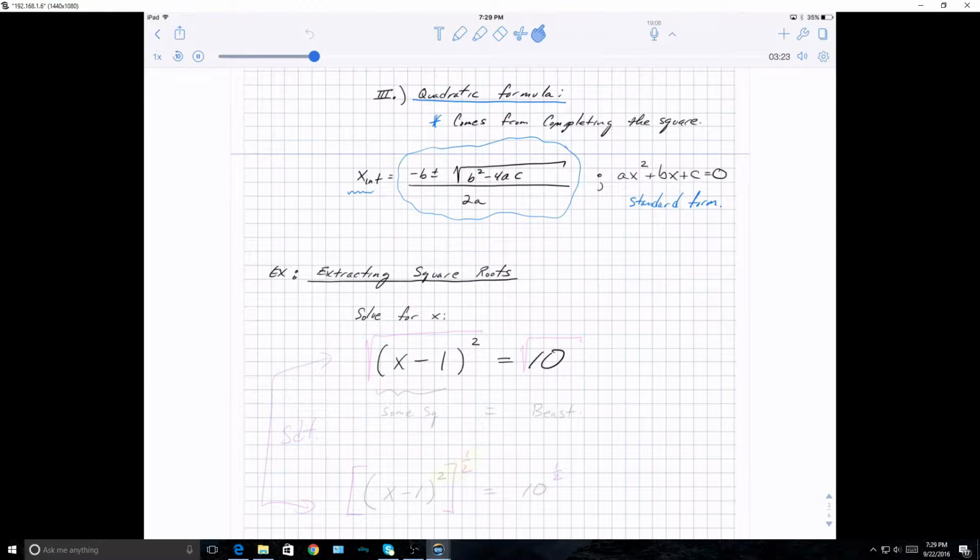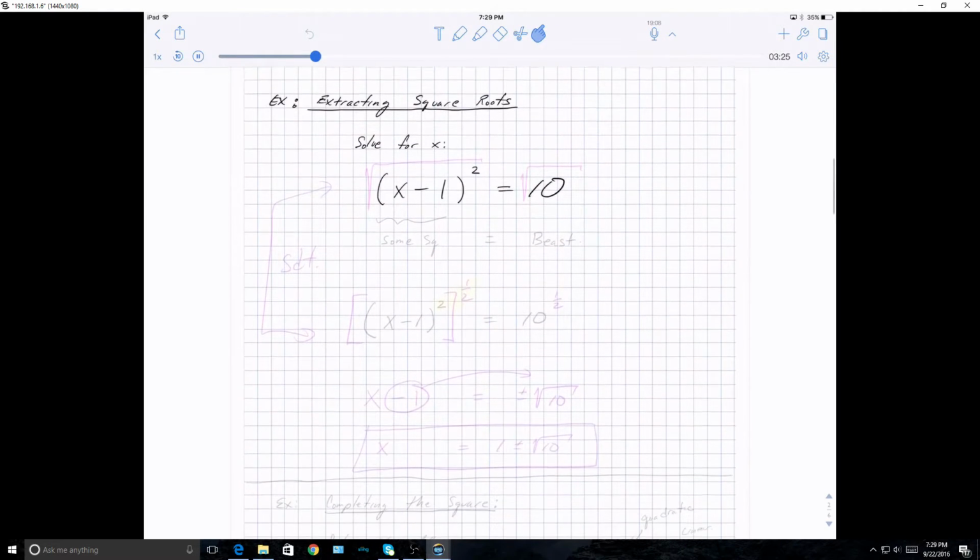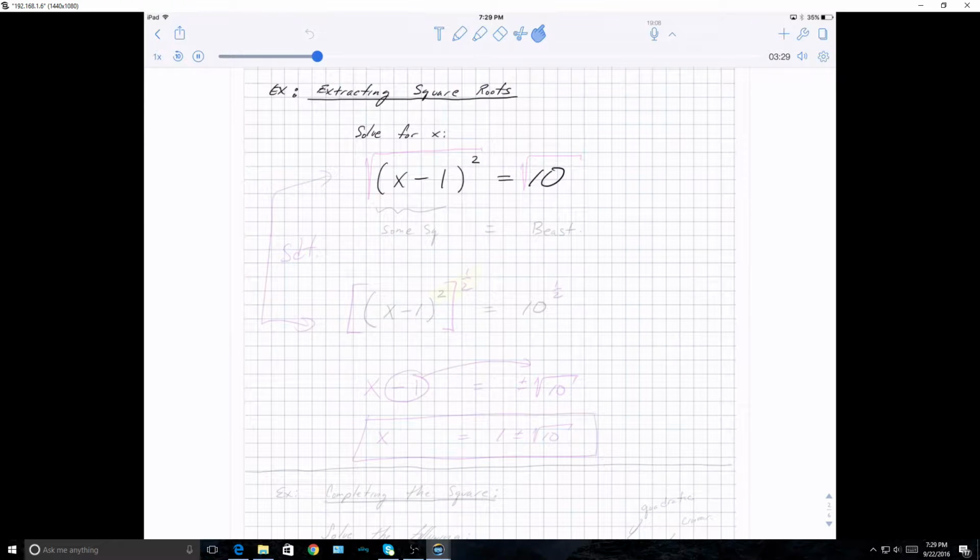So if I looked at a very basic problem in which we were extracting a square, what we could see here is that we have some square equaling some beast. In this case, it's 10. So all we have to do is take the square root of both sides.